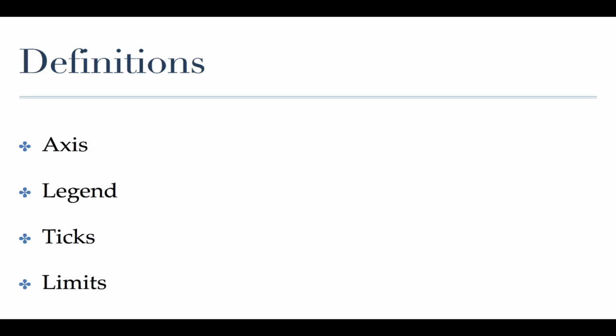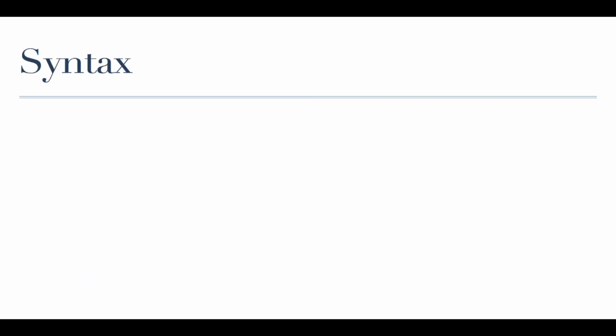A legend box is for when we have different symbols or some sort of visualization that needs to be defined within the graph. Let's say we had a scatter plot and we had dots and crosses. You'd use the legend to delineate what a dot is and what a cross is. We're going to play with ticks a little bit today, guys. We're going to manipulate how many ticks are showing up in our graph and what limits our ticks are being represented by. So how about we just jump into it?